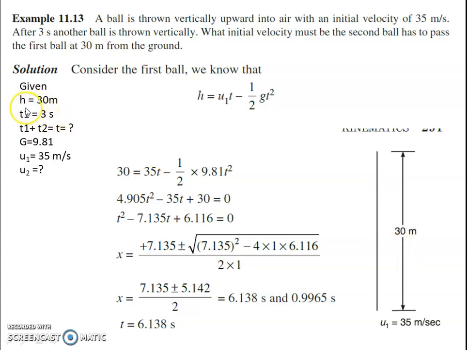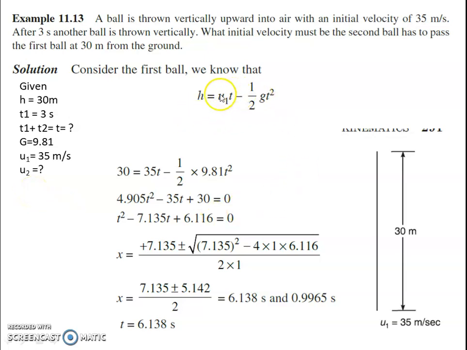Given: H is 30 meter fixed, T1 is 3 seconds, T1 plus T2 is equal to T, total time. G is 9.81, U1, the initial velocity of the first ball, is 35 meter per second. U2, the second ball's velocity, we have to find.